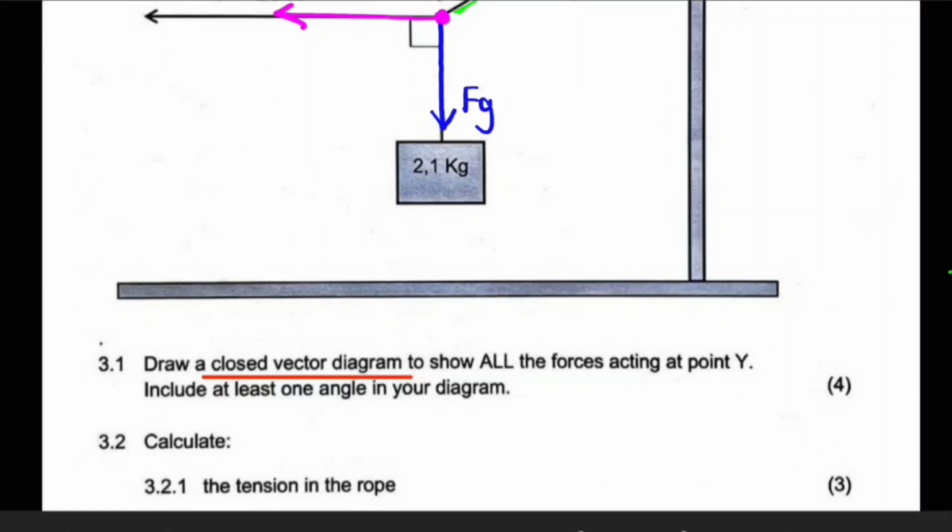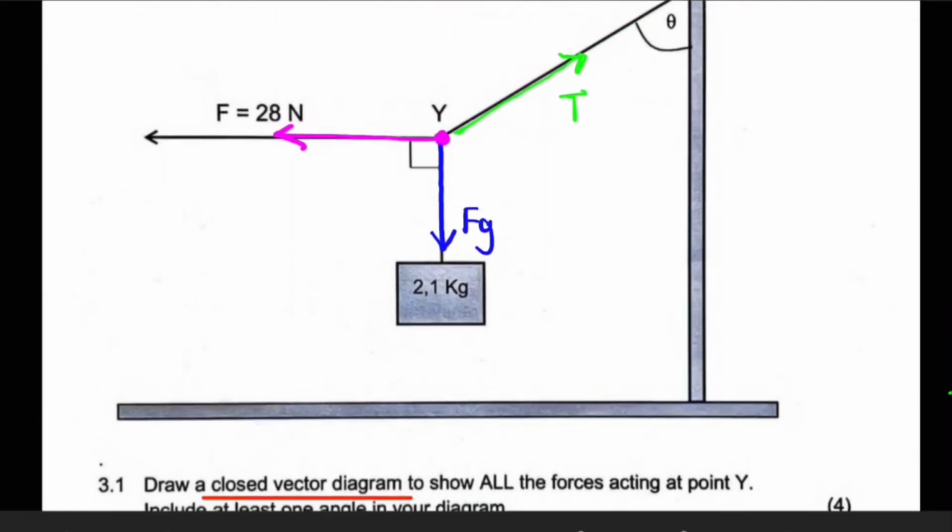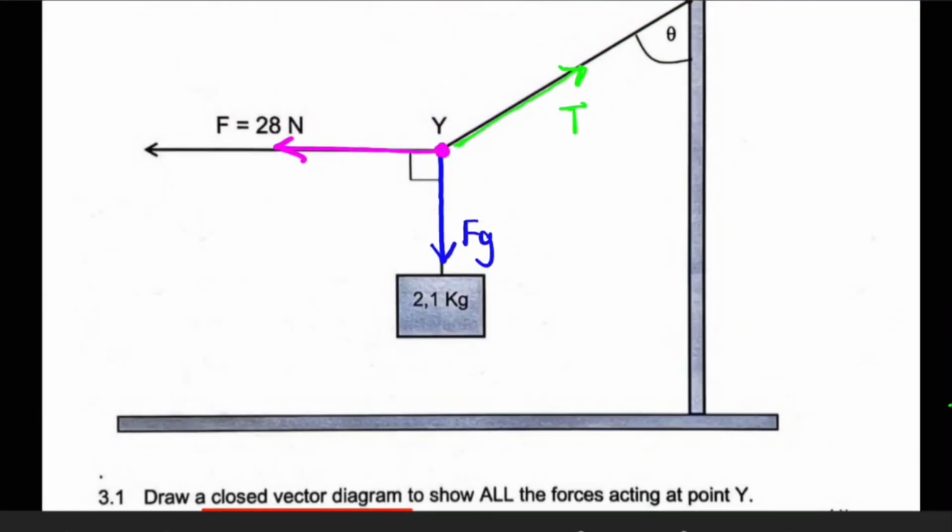What that actually is: we can draw a closed vector diagram where we take all of the forces acting on our central point and create a closed shape. In particular, that shape is going to be a triangle.